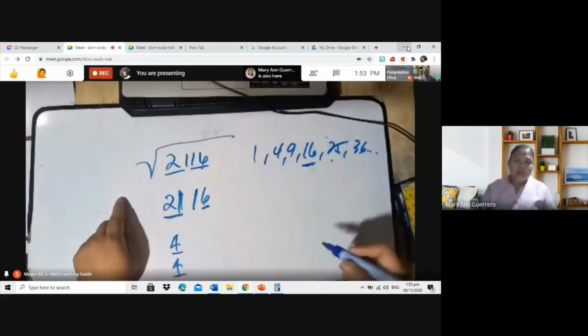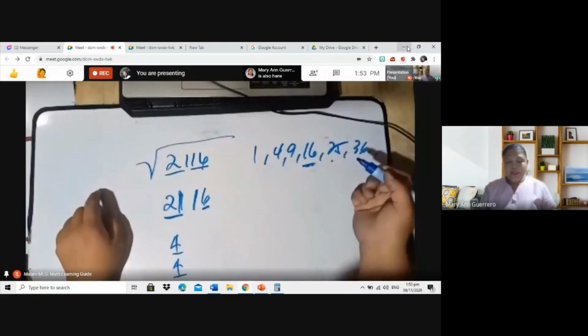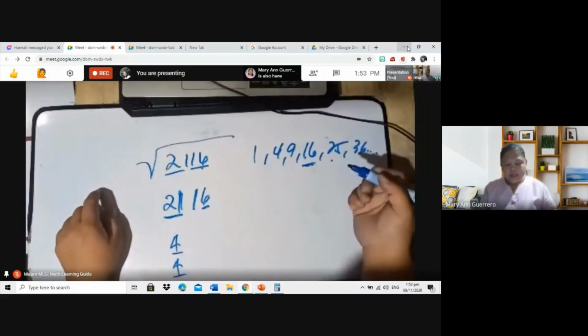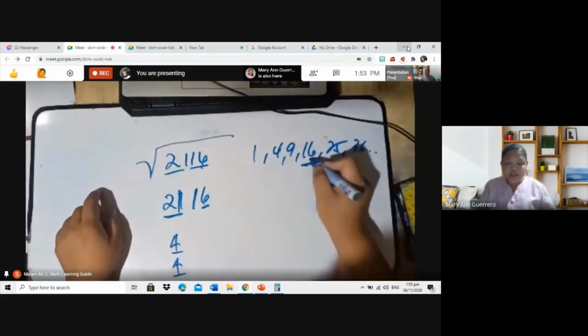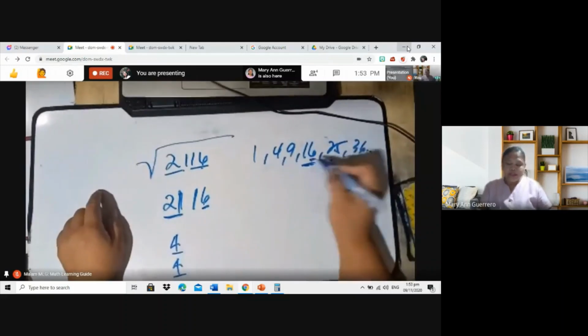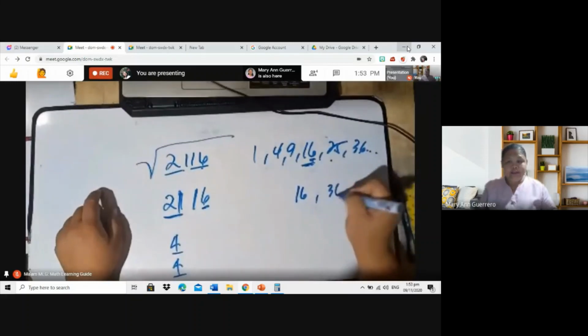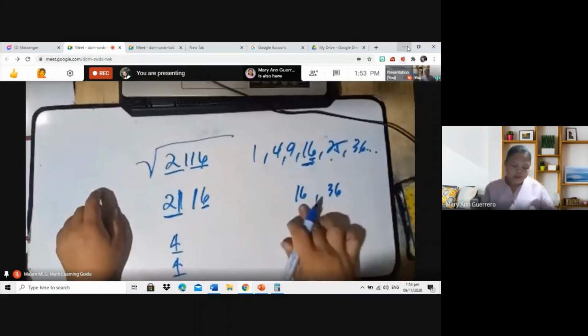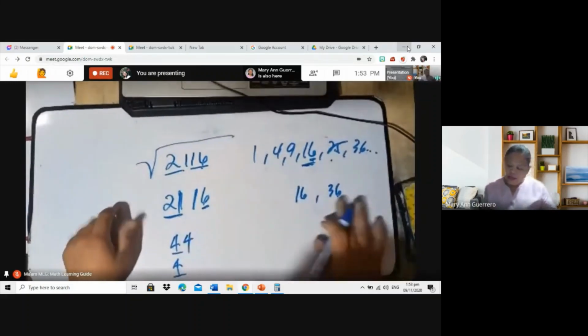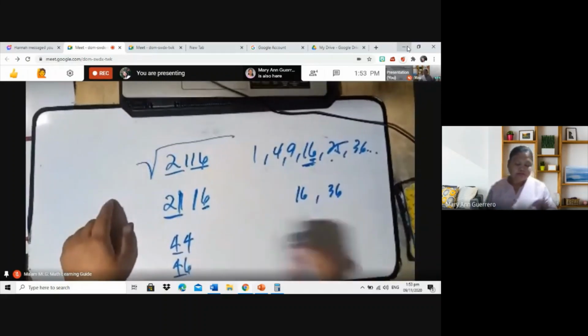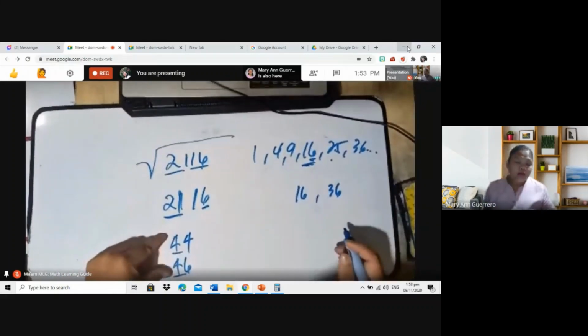Ano yung mga perfect square na nagtatapos sa 6? Ito, 16 at saka, ano pa? 36. Diba? O, kunin nyo yung square root nito. 4 and 6. O, alin lang sa dalawa yung number na hinahanap natin.